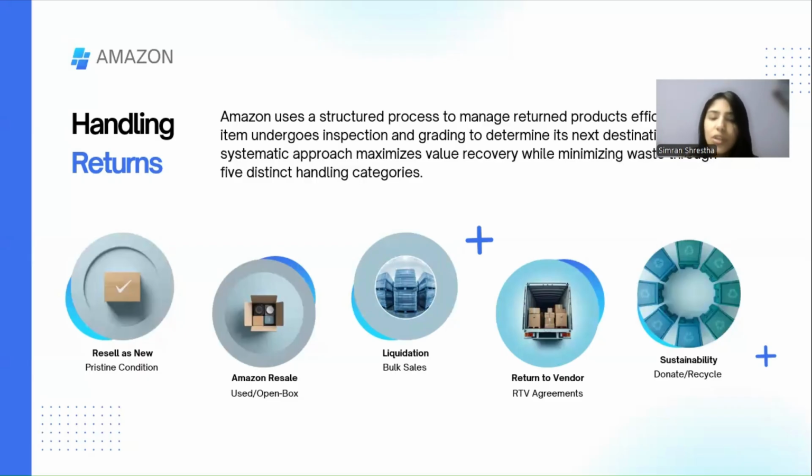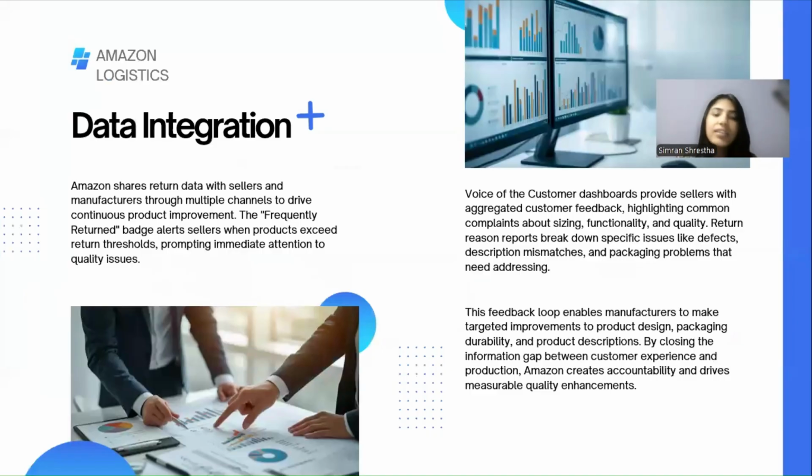Amazon also incorporates sustainability into this process. Functional but unsellable items may be donated to non-profit organizations, while damaged products are recycled whenever possible. This structured system overall ensures that Amazon recovers the maximum value of returned items while minimizing the environmental impact and improving operational efficiency.